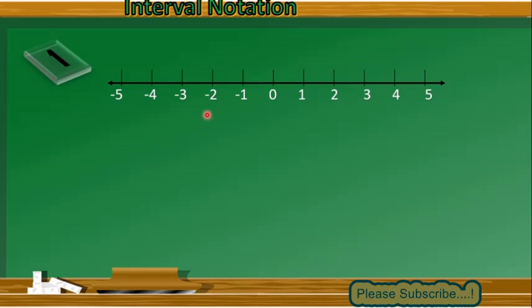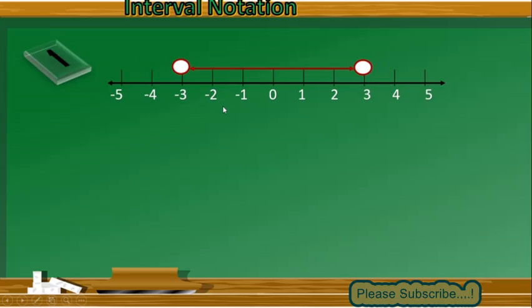For example, we have this one and this one. So we will determine the values, or the solution, of those inequalities. In writing the interval notation, we will consider these symbols.